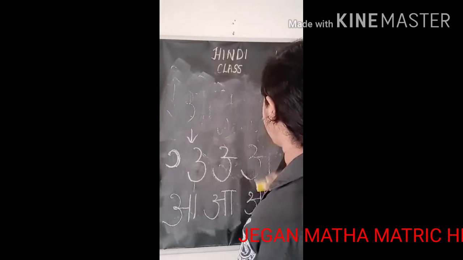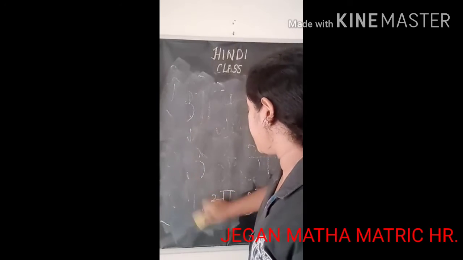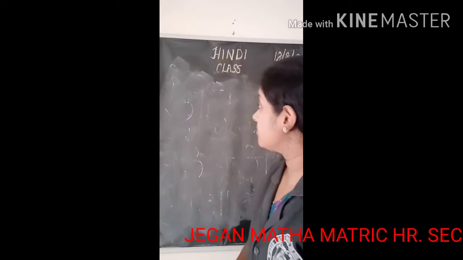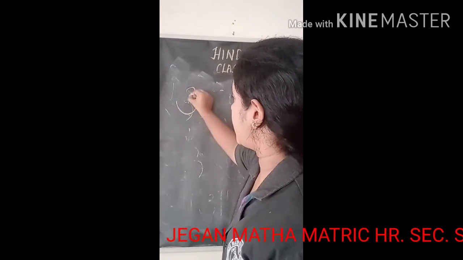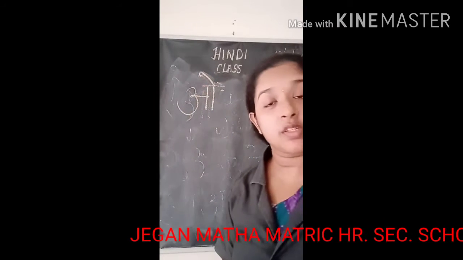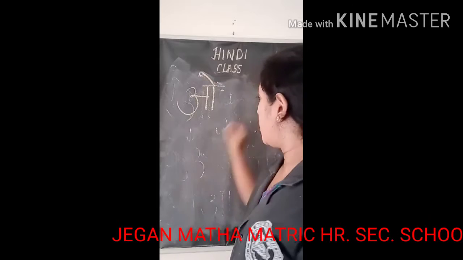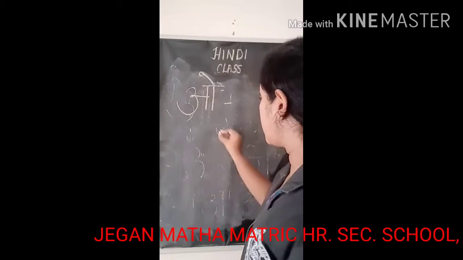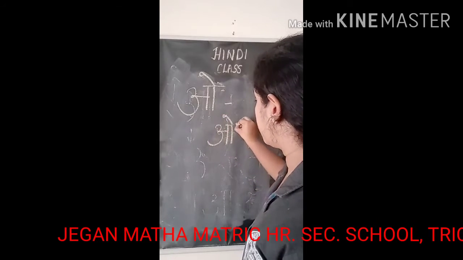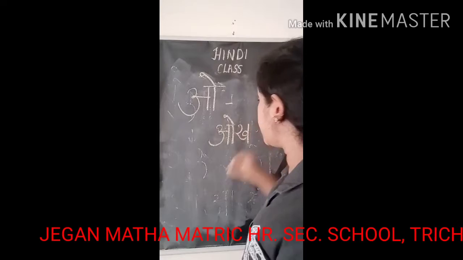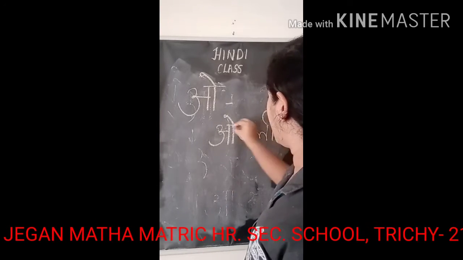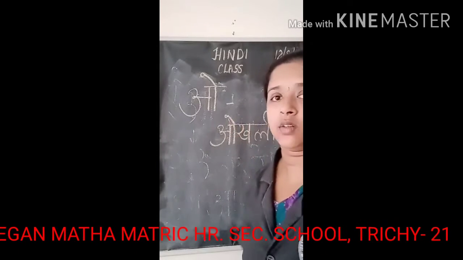Now let's see which word we can write by using the swar O. O say Okhali. See how to write Okhali. O, this is the vyanjan kha, li. Okhali. I'm extending that line.